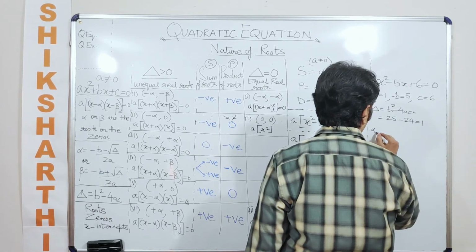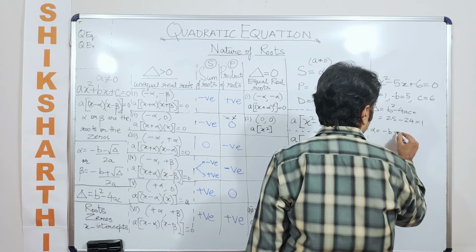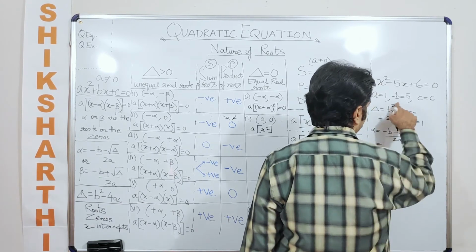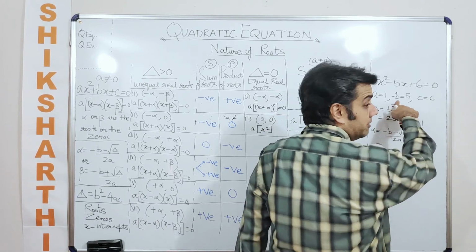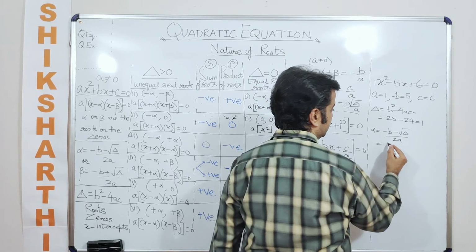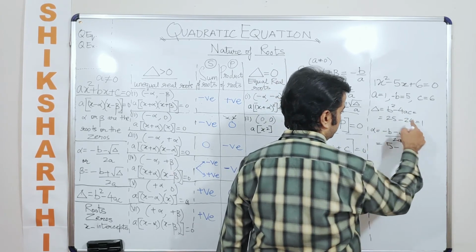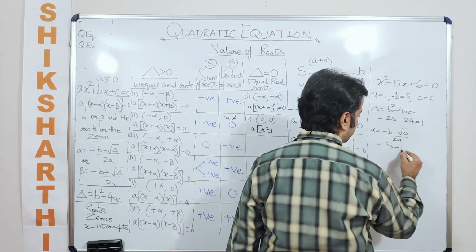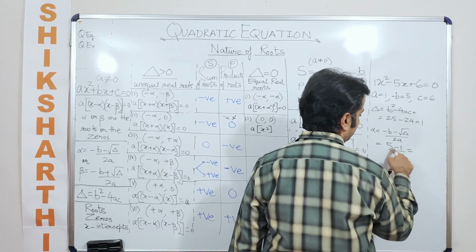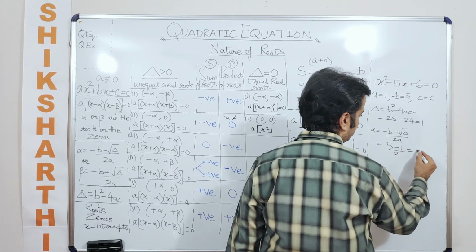So now the first root is minus b minus root delta upon 2a, which is just like saying you already have the value of minus b, which is why we have written it as minus b here. So what is the value of minus b from here? Minus b is 5 minus, how much would be root delta? Root of 1 is 1 only, divided by 2 into 1, which is 2. So from here you get the value as 5 minus 1 is 4, 4 divided by 2 is 2.